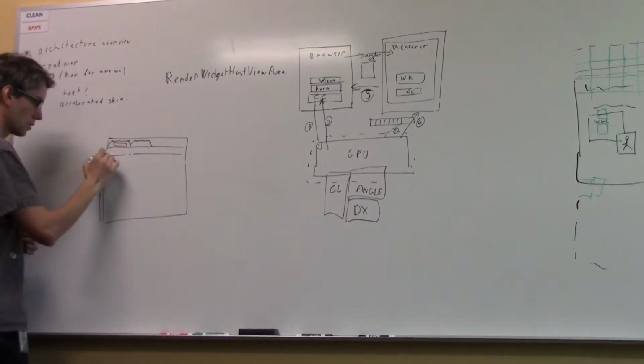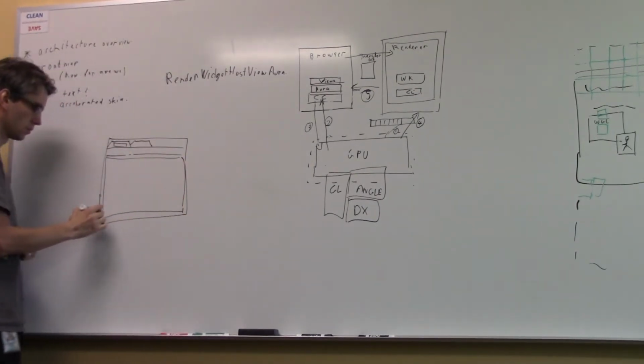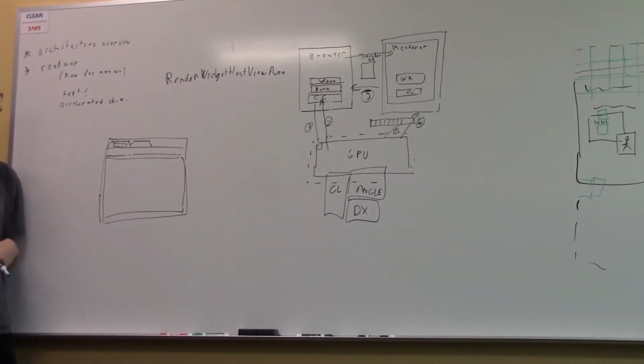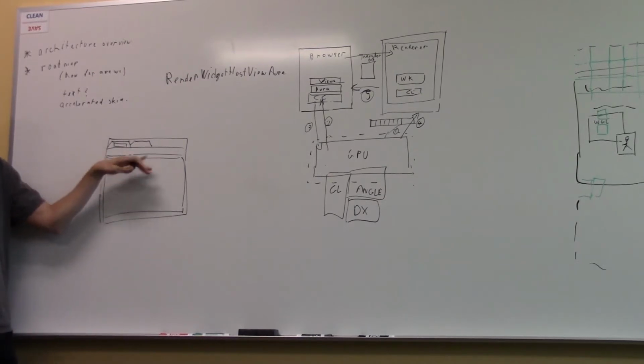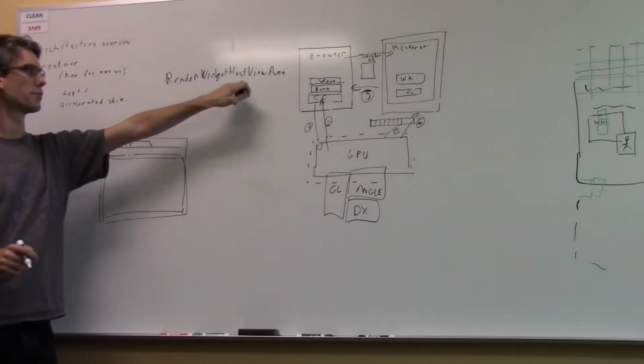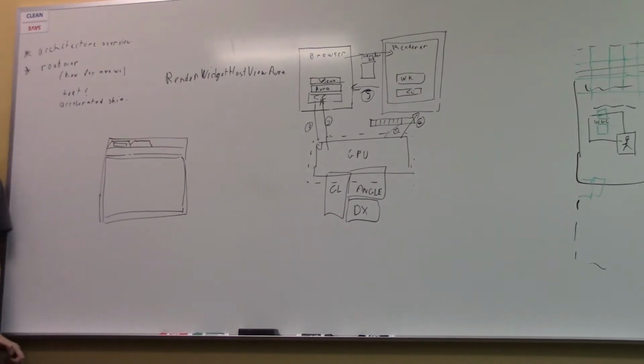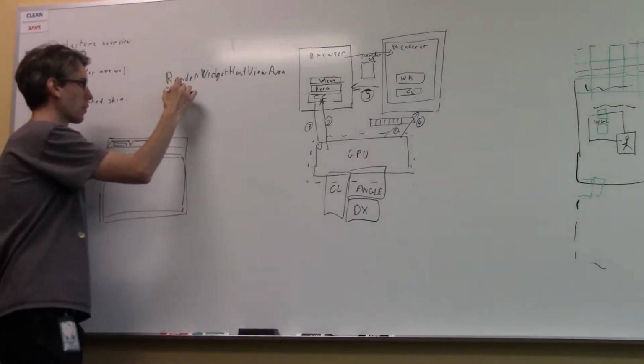So this guy here, as we said, is an Aura window, and this guy, RenderWidgetHostViewAura, which lives inside of content, is basically what makes the bridge between the renderer and the UI. It has an Aura window.